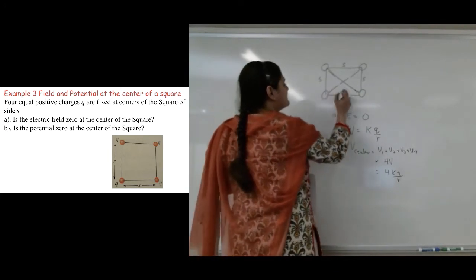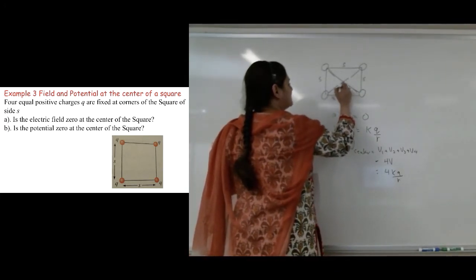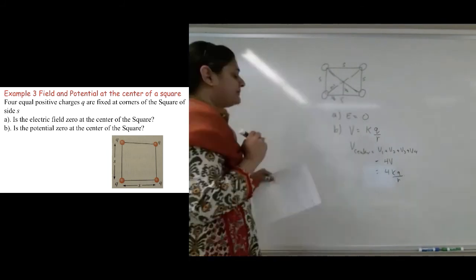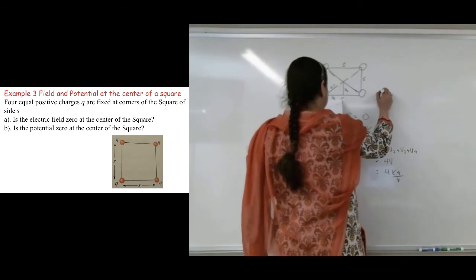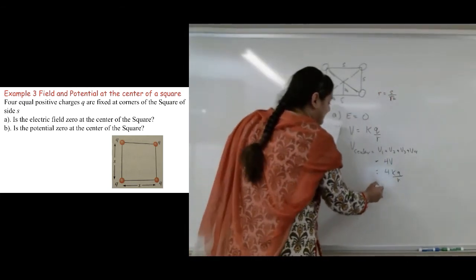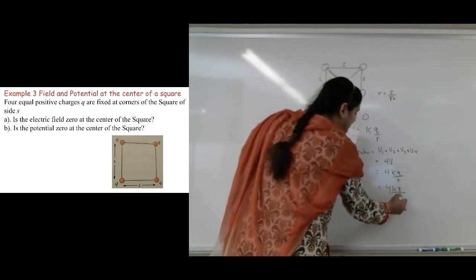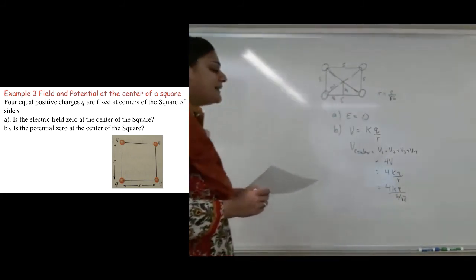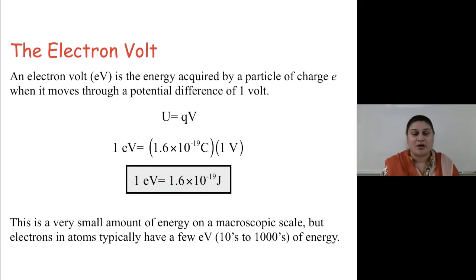If this side is S, so this is S over 2, what would R be? That's a quick, dirty math. R will actually be equal to, for each one, S over square root of 2. Once you plug them in, 4KQ over S over square root of 2. And that's your answer.